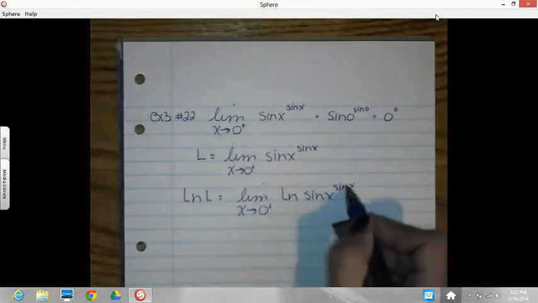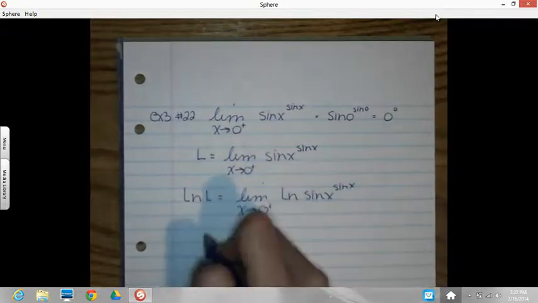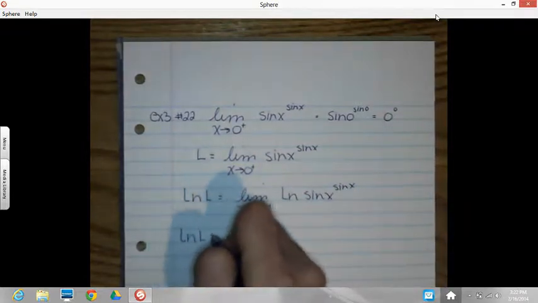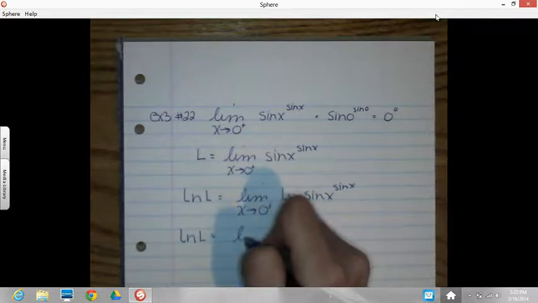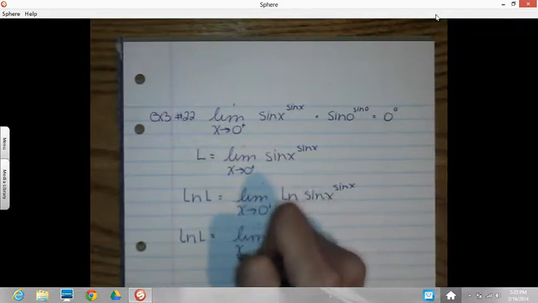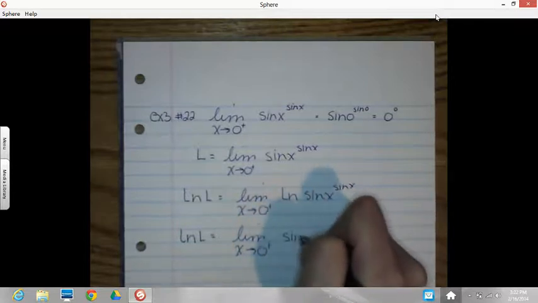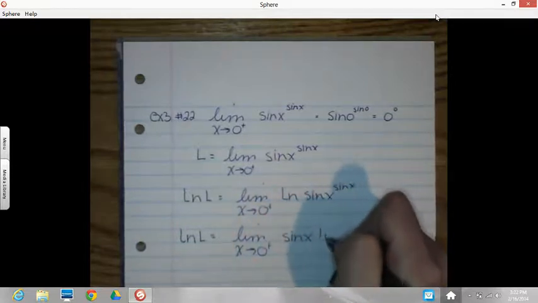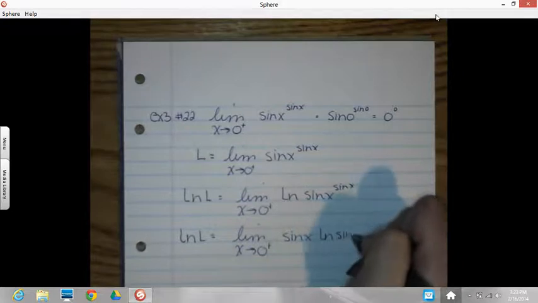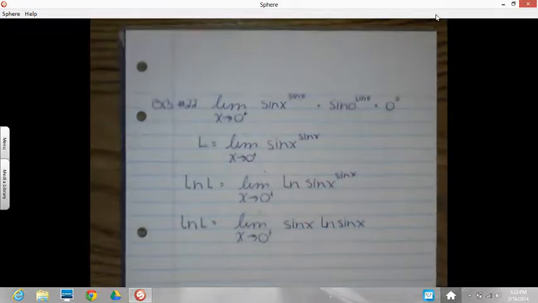So this can come out in front of the natural log as a multiplier. So I've got sine x times the natural log of sine x.